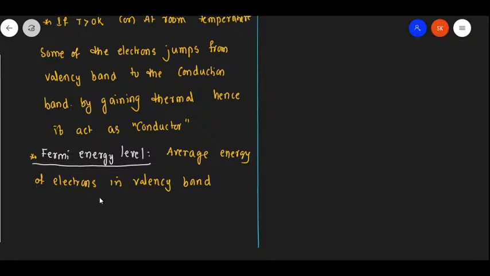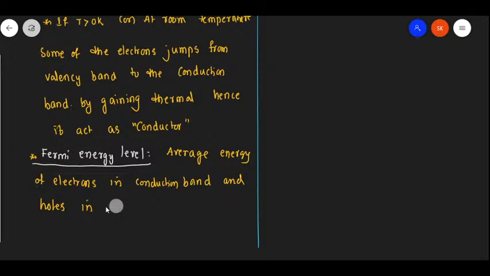Average energy of electrons in the conduction band and holes in the valency band.